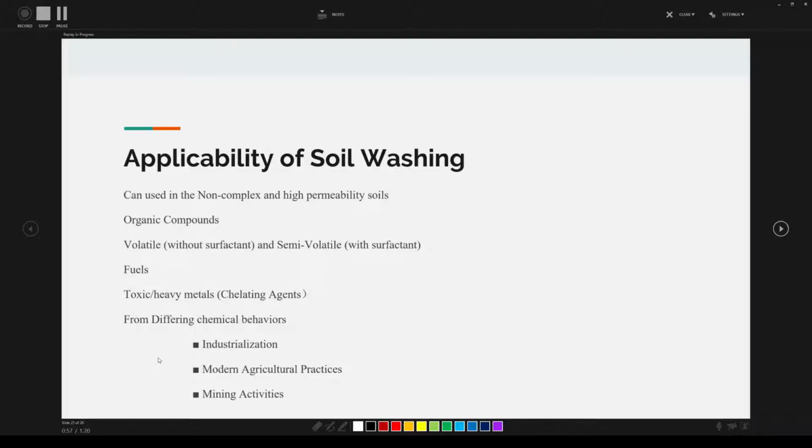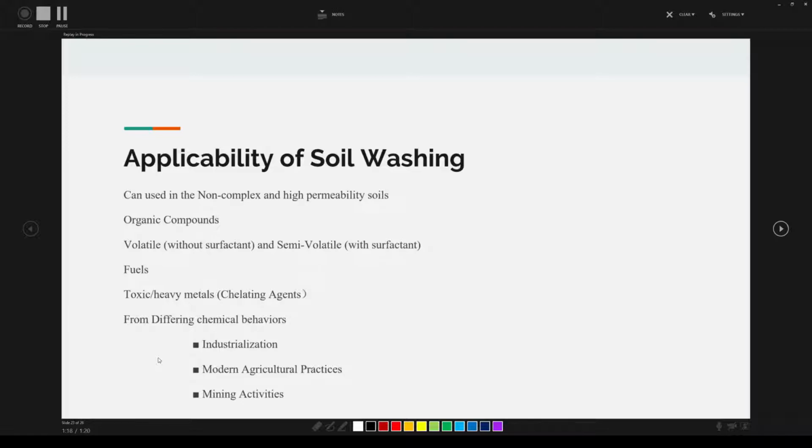And mostly it's used for different chemical behaviors, such as those after industrialization, modern agricultural practice, or mining activity.